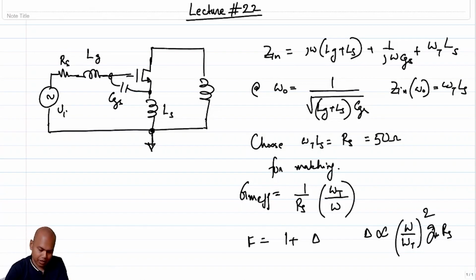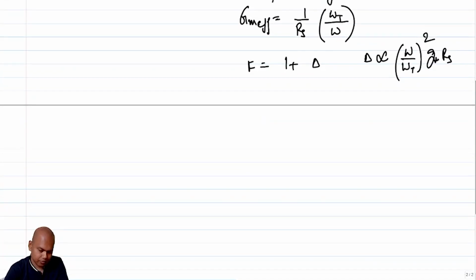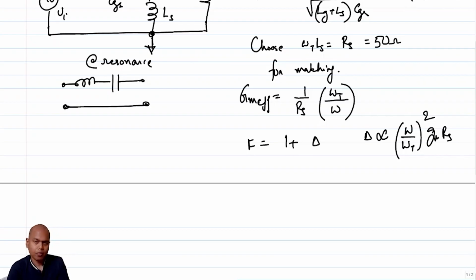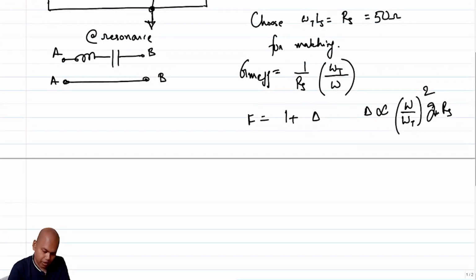What I mean by that is, if you have an inductor and a capacitor in series at resonance, it is a short circuit, correct? It's a series inductance which gives you a short circuit.